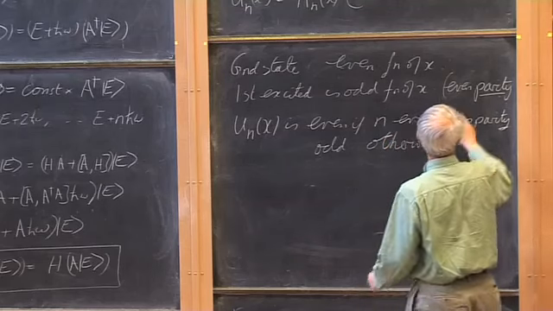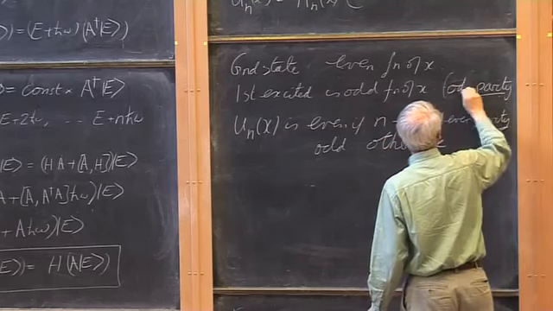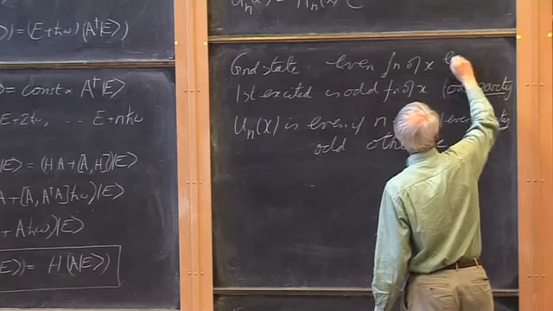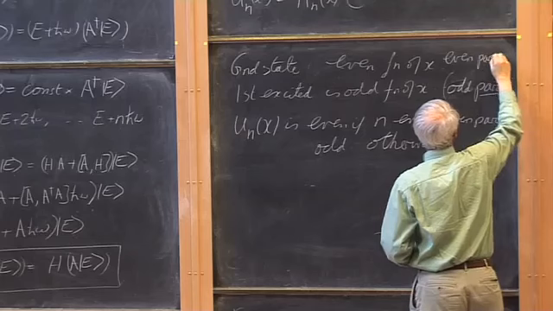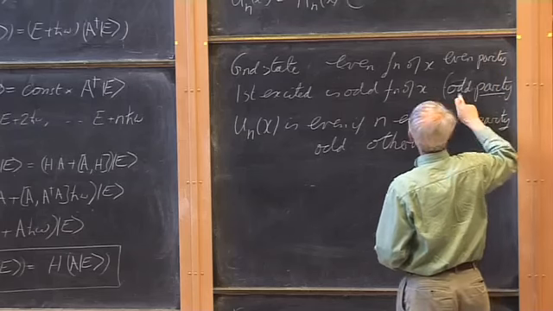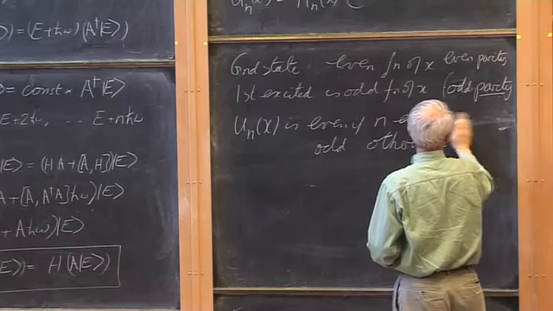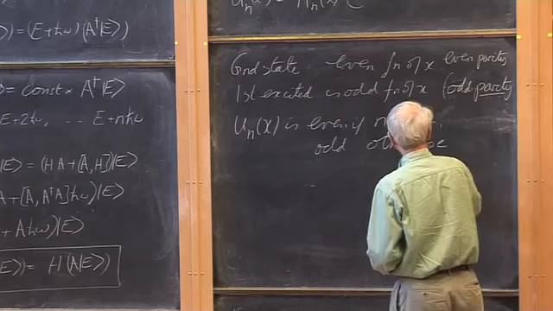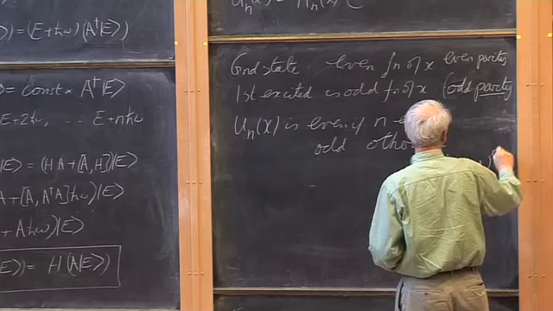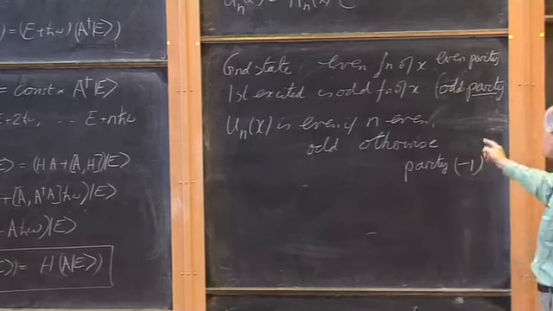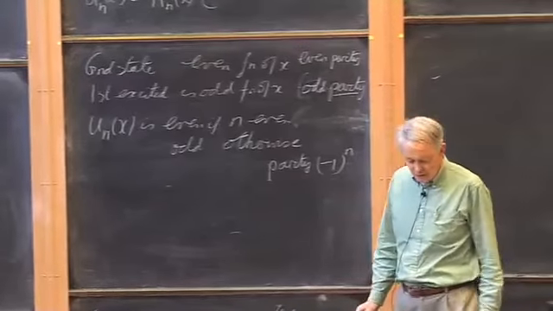Sorry, first, this one is odd. Excuse me, I was not sure which line I was on. This one is even. The ground state is even. The first excited state is odd. We say this has a parity of -1 to the n, so that jargon is used sometimes.